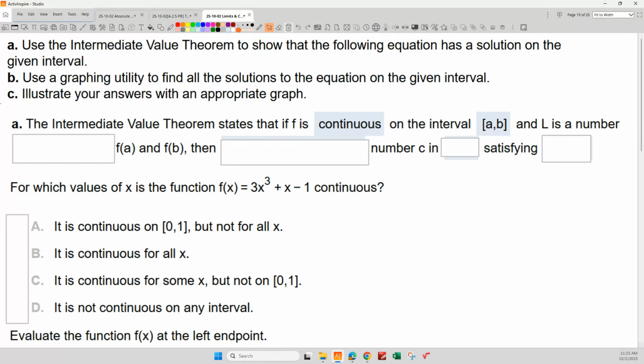And L is a number, yes, right? Meaning what? Either it's greater than f of A and less than f of B, or it's reversed, depending if the function's increasing or decreasing. Then what has to be true?